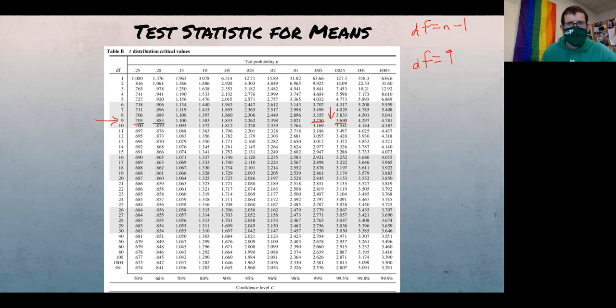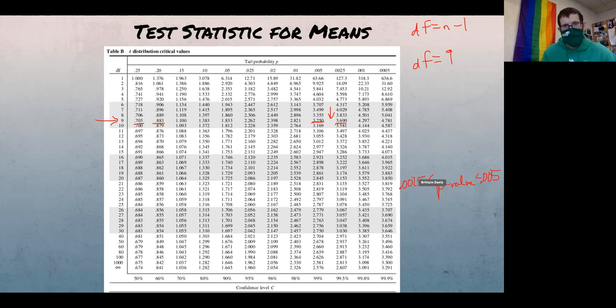So with this, I can tell you the p-value. Let me write it this way. P-value has to fall between those two values. It's got to be less than or equal to 0.005, but it's got to be greater than or equal to 0.0025.